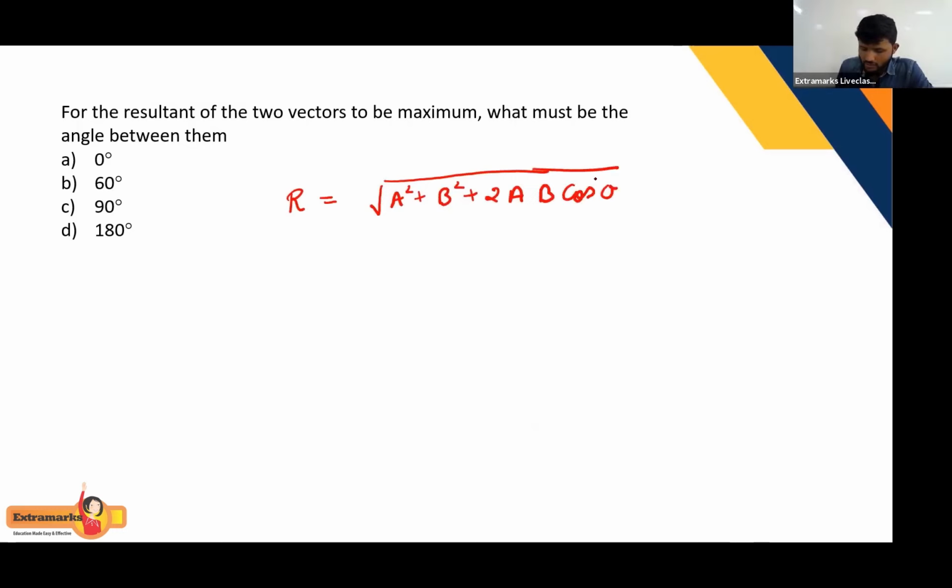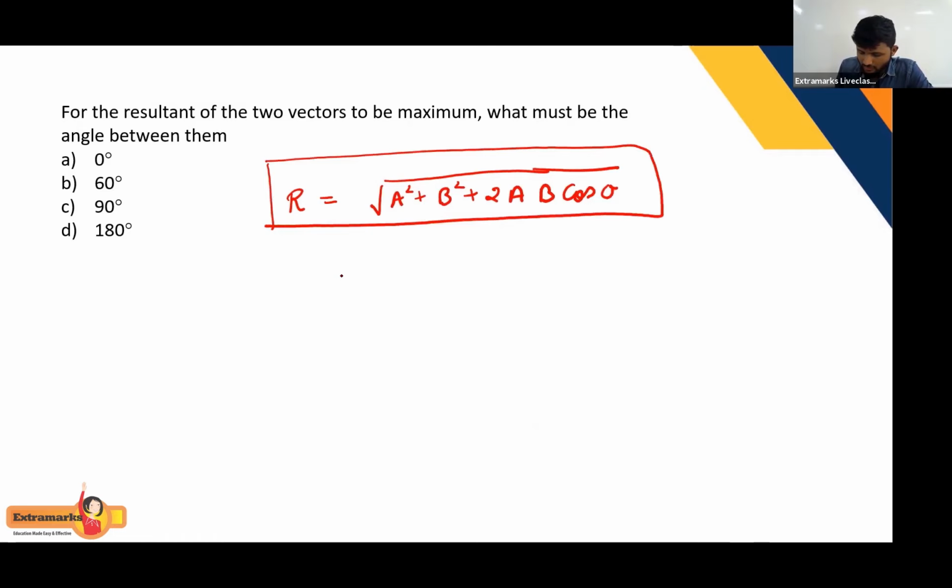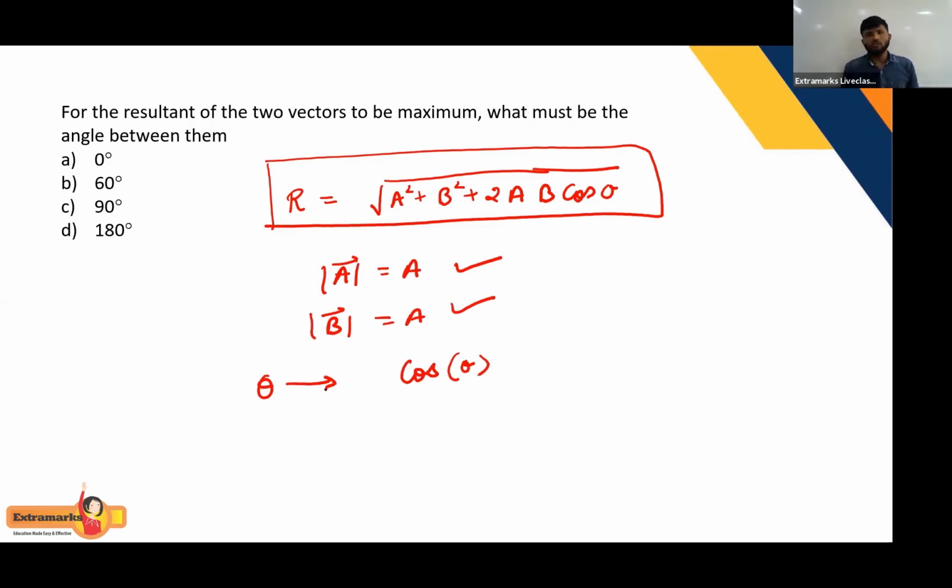Now you want this entire quantity to be maximum. You cannot change the value of magnitude a because it is a constant number. Similarly b you can't change. The only thing you can change is theta, and correspondingly the cos of theta will vary. Now if you want the resultant to be maximum, the cos theta should be maximum.